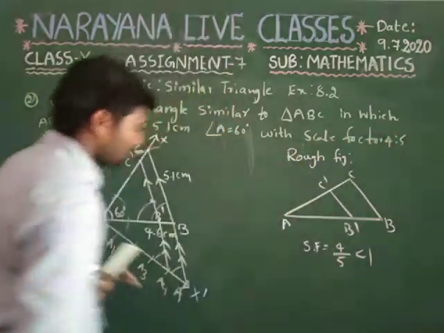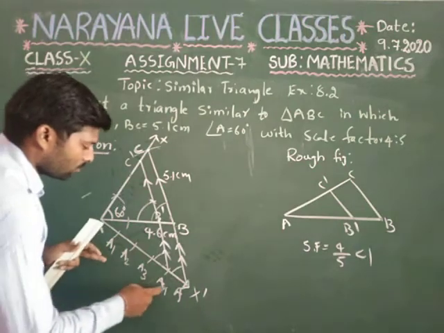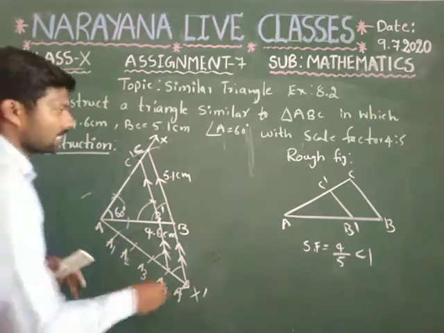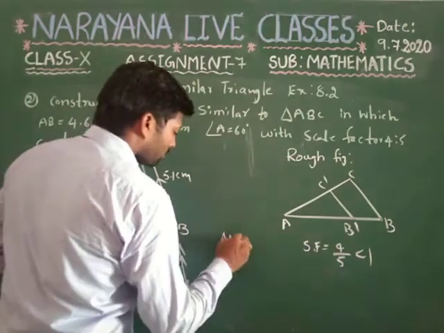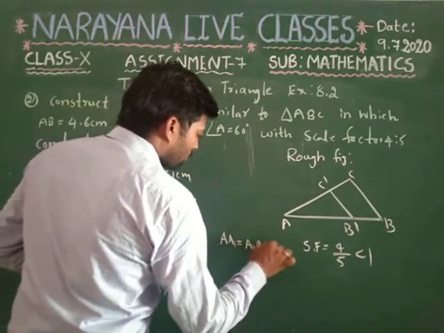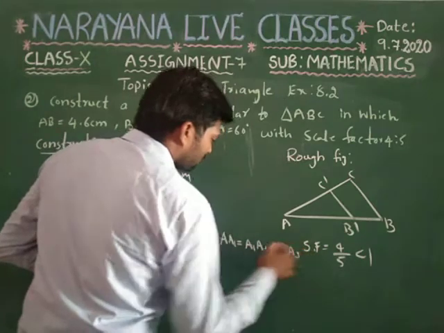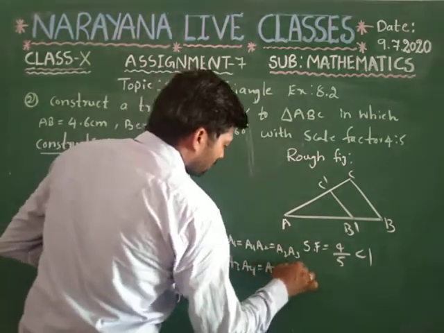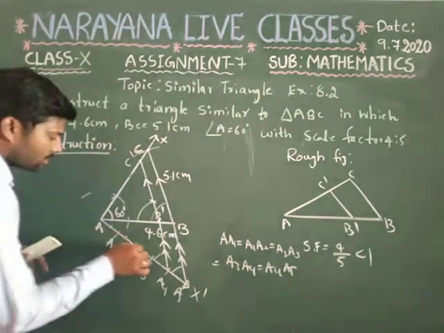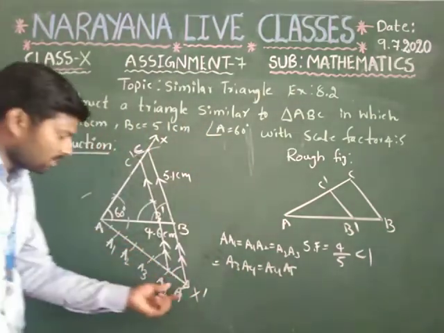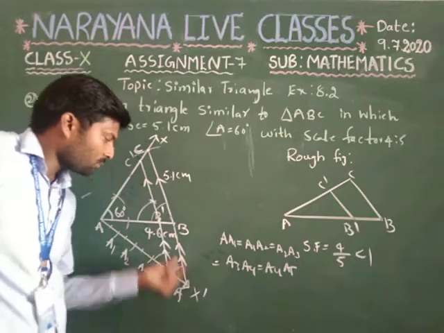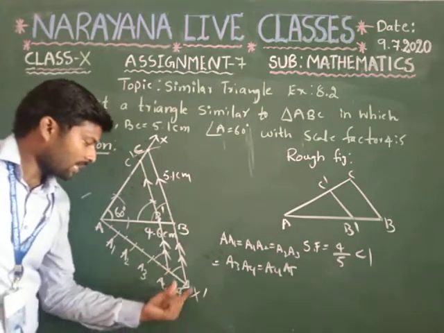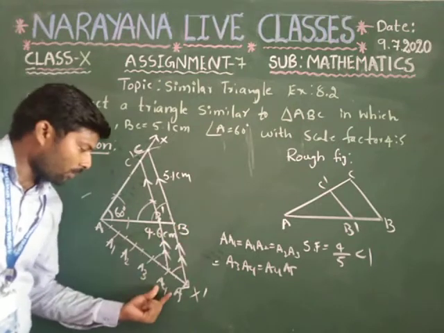Totally 5 parts, that is A1, A2, A3, A4, A5, such that you draw the arcs with the same radius, so everything is of equal length. After that, join point A5 to B. Then draw a line parallel to A5B from point A4.